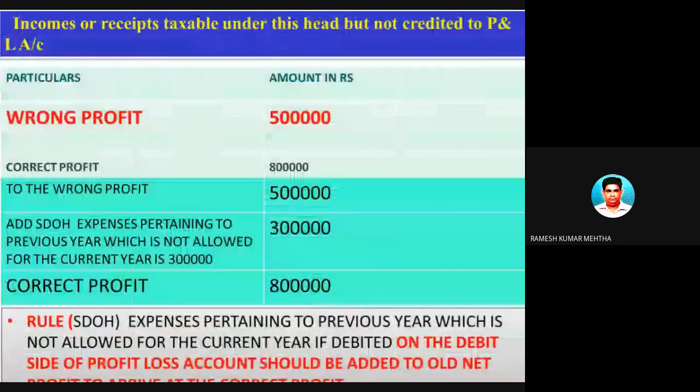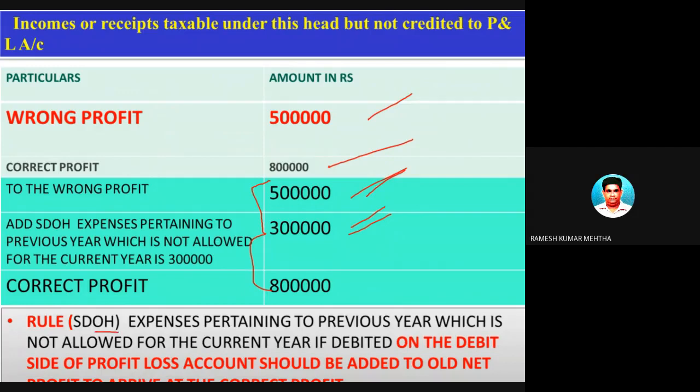So what needs to be done? Summary: the wrong profit was 5 lakh rupees, the right profit is 8 lakh rupees. To the old or wrong profit, add back the expenses of the past years, which are not allowed to be shown on the debit side of the profit and loss account. If we add this 3 lakhs to 5 lakhs, you will get 8 lakh rupees.